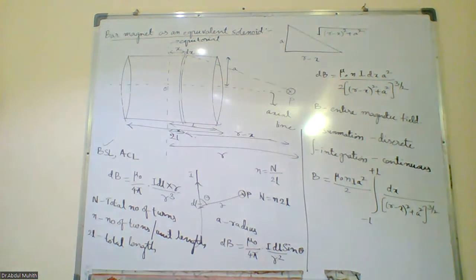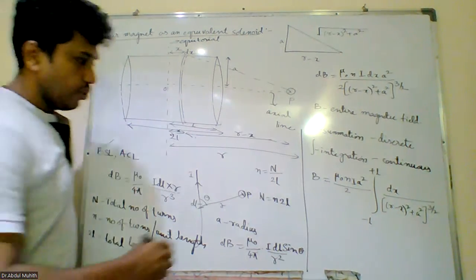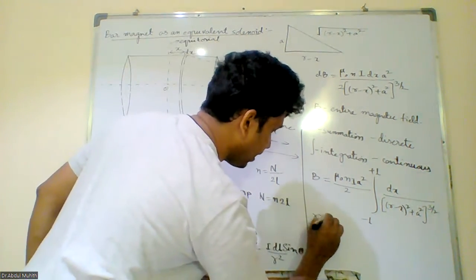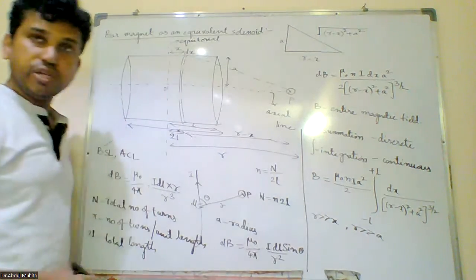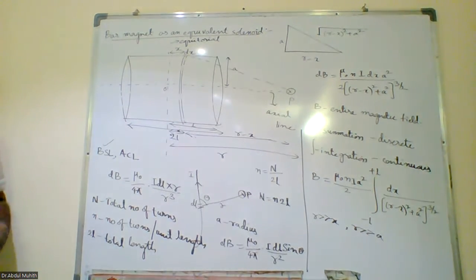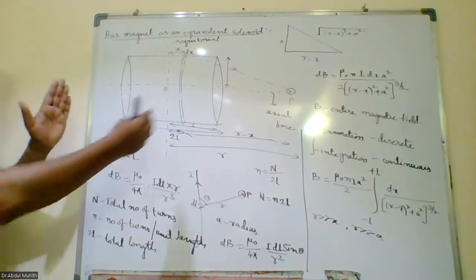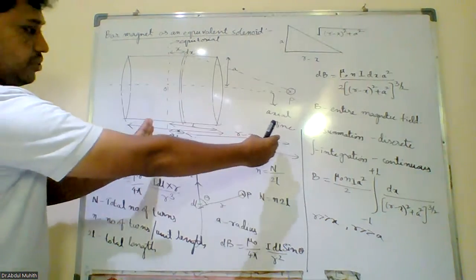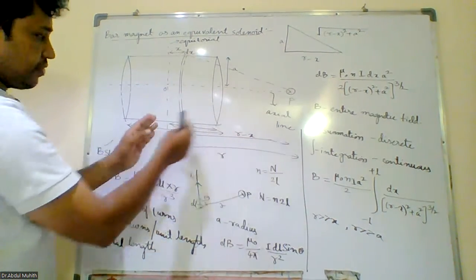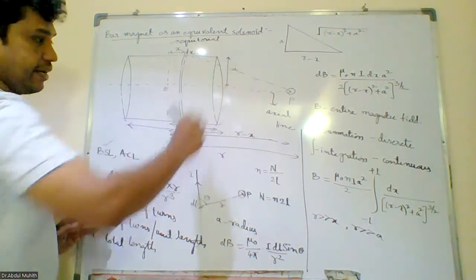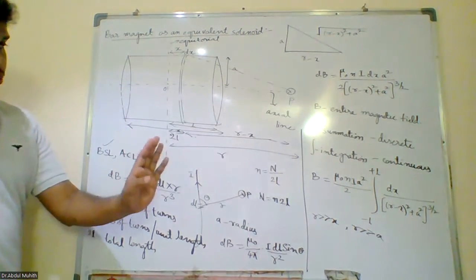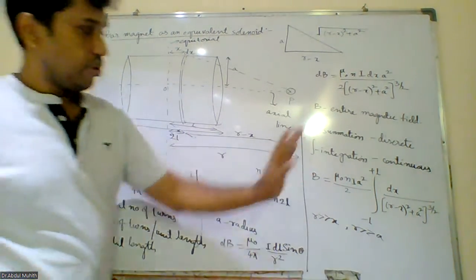Now we also know that R is much greater than X and R is much greater than A, according to the definition of a solenoid. The R value is much greater than the X values. X is very, very small, and R is also much greater than A. So we are going to remove all those things.